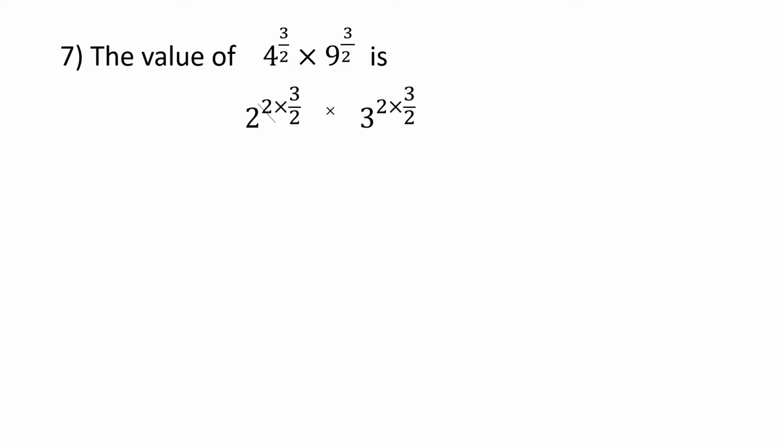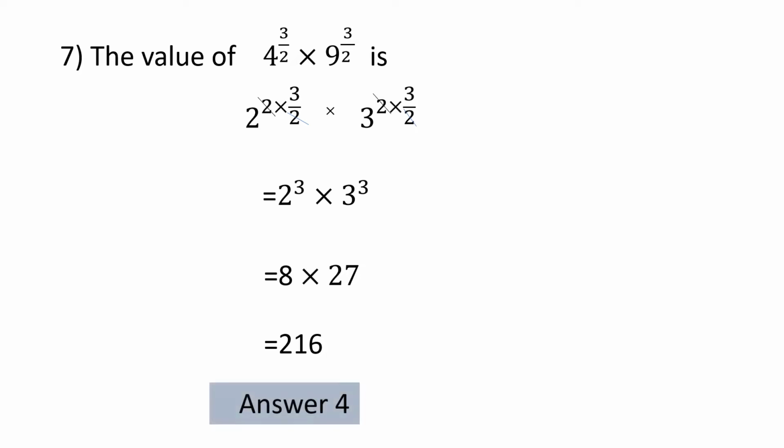Simplify 2 with 2 and the other expression also 2 is simplified with 2. The remaining is 2 to the power 3 multiplied by 3 to the power 3. 2 to the power 3 is 8 and 3 to the power 3 is 27. 8 multiplied by 27, the answer is 216. From the given answers, the answer is answer 4.